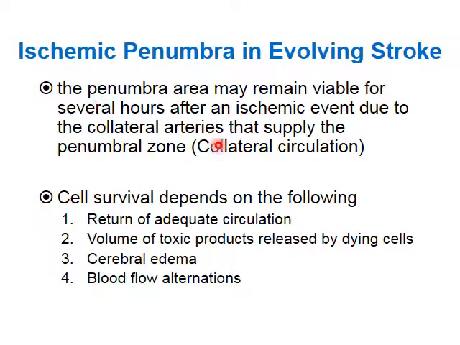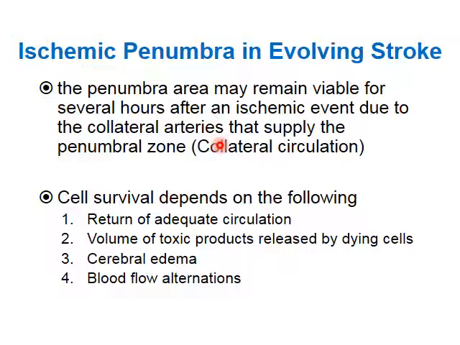Those cells in that penumbra, just to give you an idea, remain viable for several hours afterwards. So even 1 or 2 hours after a stroke, you can get those tissues back, or a good portion of them. Exactly how many and how much? Well, that was the previous slide saying all these things have to be taken into factor. So this is where we try to get that tissue back as quickly as possible.